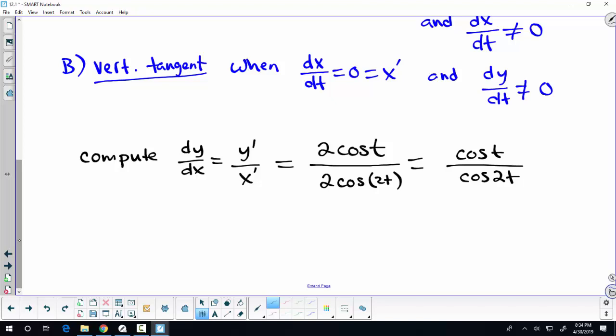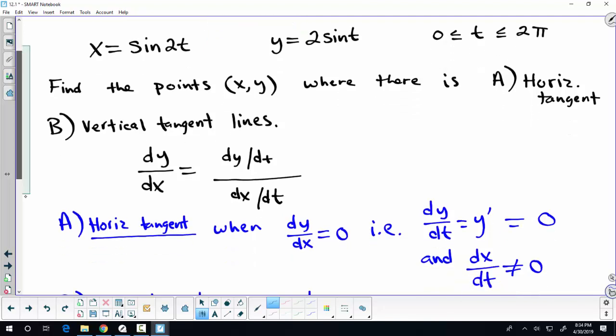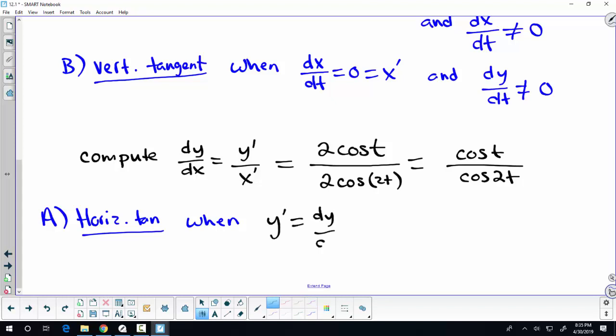The t ranges from 0 to 2 pi. All right, so back to part A, horizontal tangent when y prime, or dy over dt, or cosine of t is equal to 0.